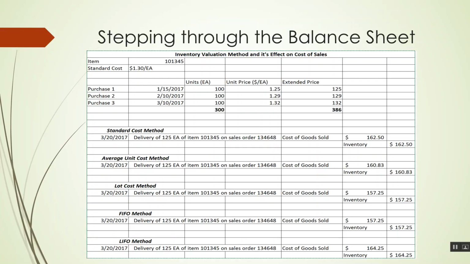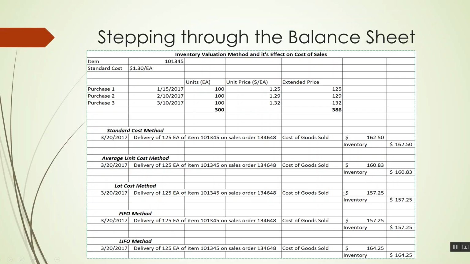I said, okay, my total cost of the product is $386, and divided that by 300, the total number of units on hand, and got a per unit average cost. Multiplied that by the 125 units being sold, and you can see in this case it's a little bit less. Okay, it's only $160.83.